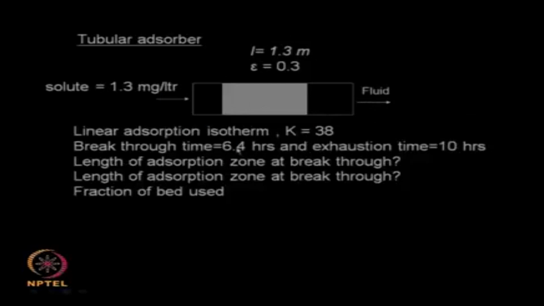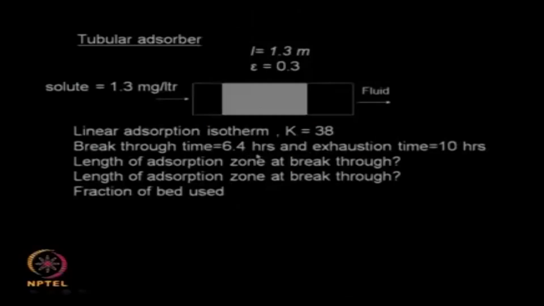That is the point at which you start seeing the solute in the exit stream, and after some time the adsorbent is completely filled with the adsorbate. So it is not doing any job, whatever solute concentration is entering will be exactly leaving, that is called the exhaustion time. Okay. So here in this problem the breakthrough time is given as 6.4 hours and the exhaustion time is given as 10 hours.